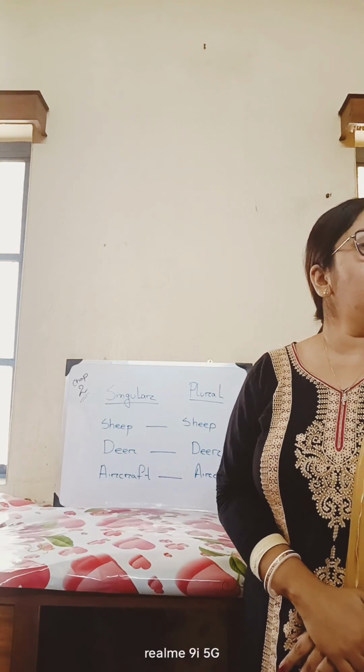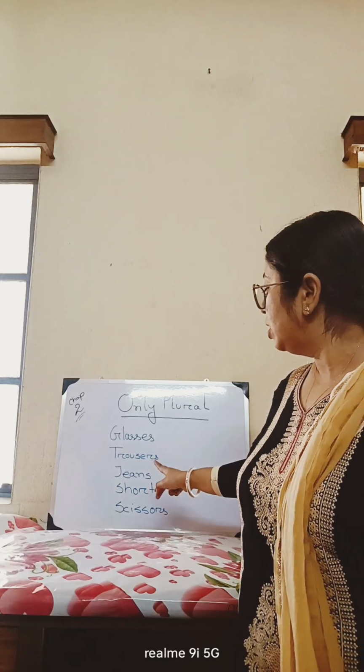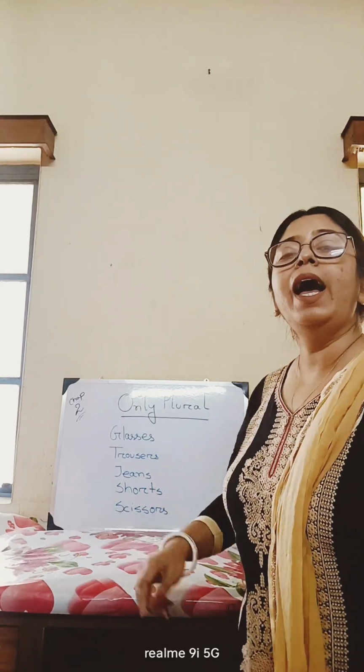Now you can see that there are also some nouns that do not have any singular form, like glasses, trousers, jeans, shorts, and scissors. When we buy a single pair of jeans, we do not say jean.